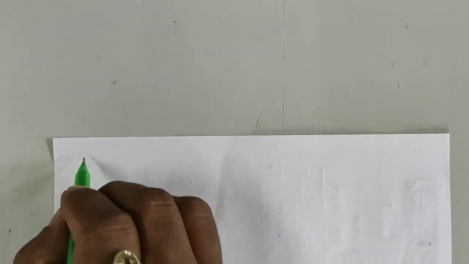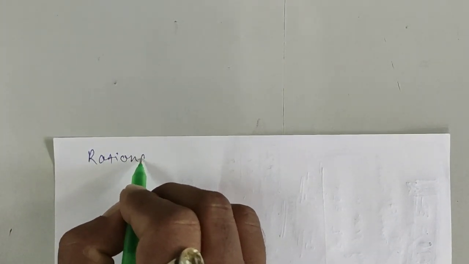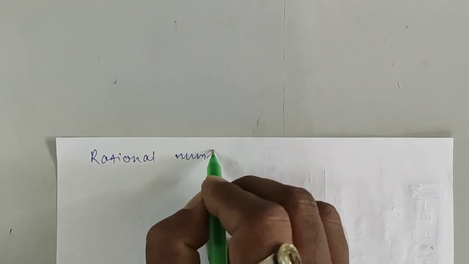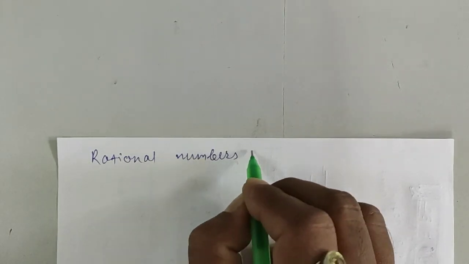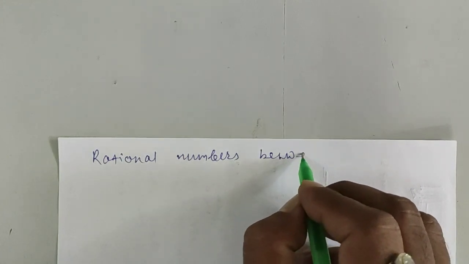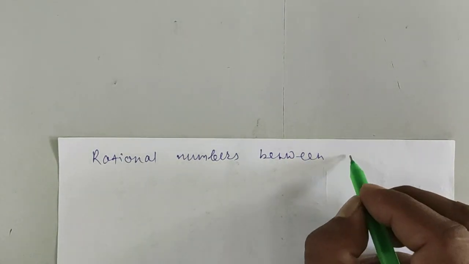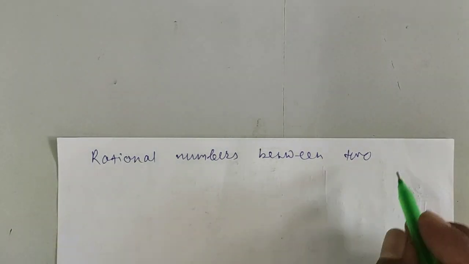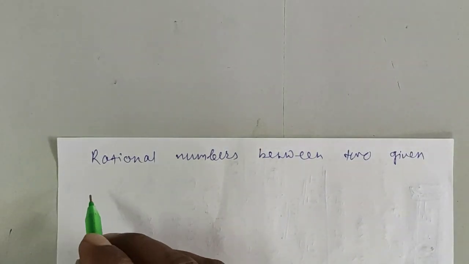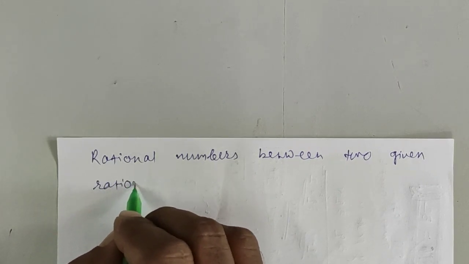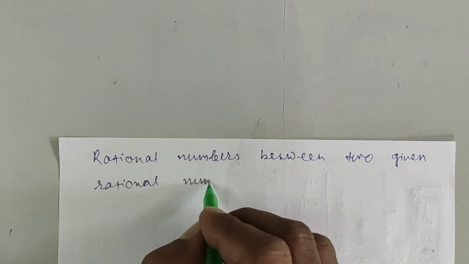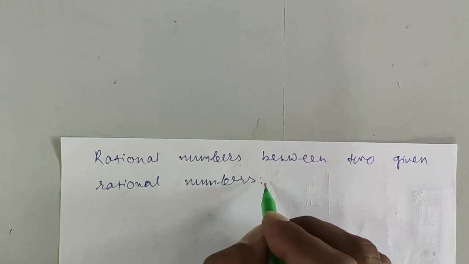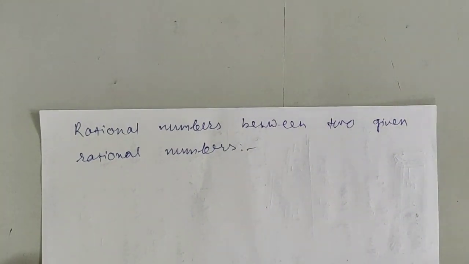Next topic is rational numbers between two given numbers. Now let us see how to find rational numbers between given rational numbers.